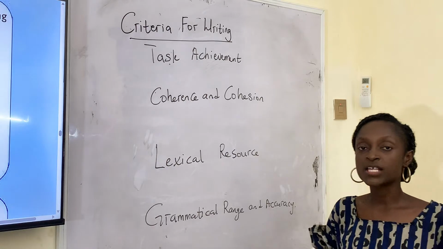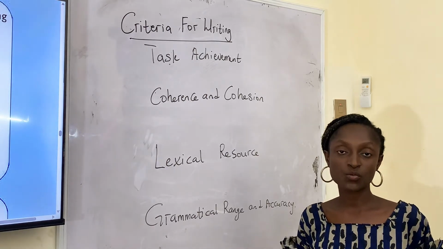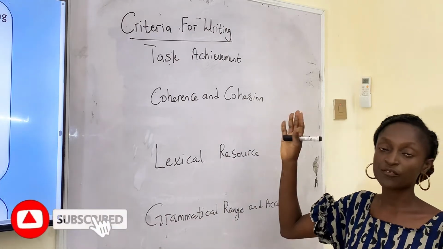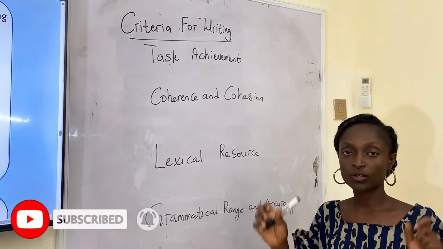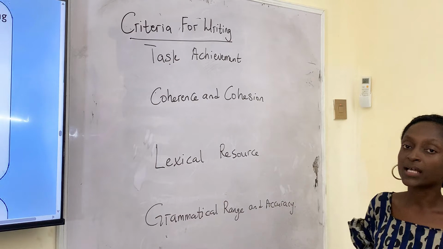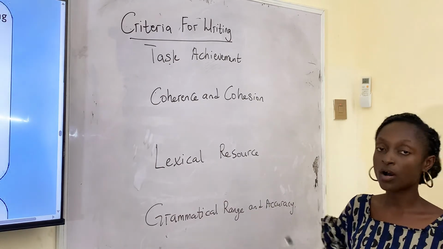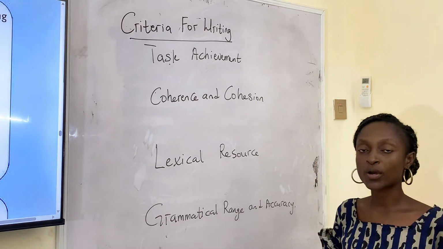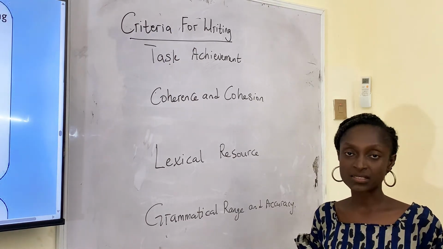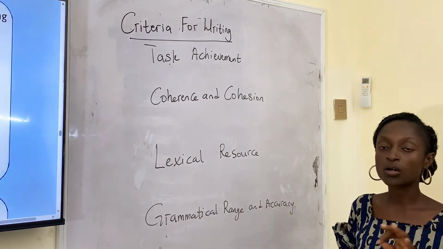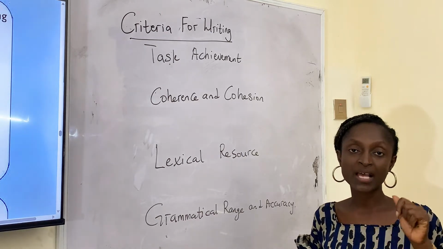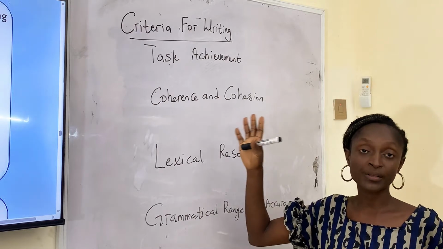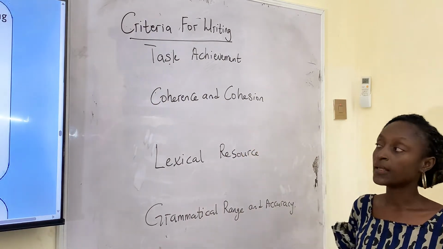If our letter is below 150 words, we are going to have marks being deducted from our overall score. Now, the second thing we do under task achievement is to answer all of the questions we have been asked.